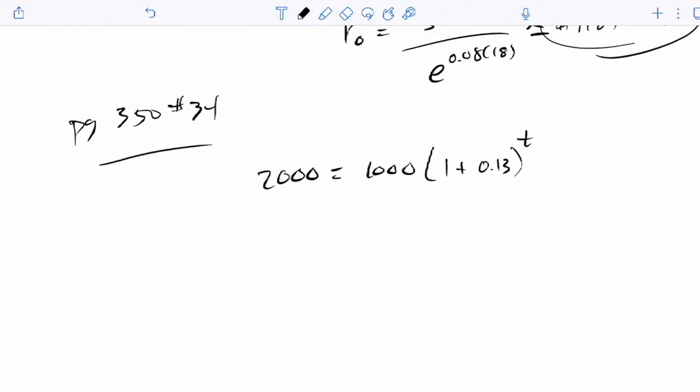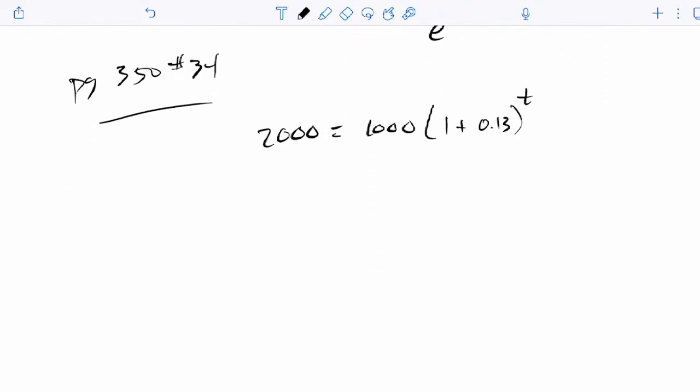Right? Because in this question here for 34, you had $1,000 and you want it to be $2,000, and it's 1 plus 0.13 to the power of t. So this becomes 2 is 1.13 to the power of t. Take the log or ln of both sides. It doesn't really matter.